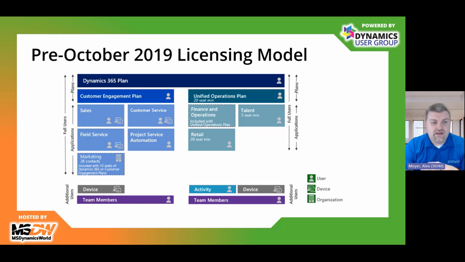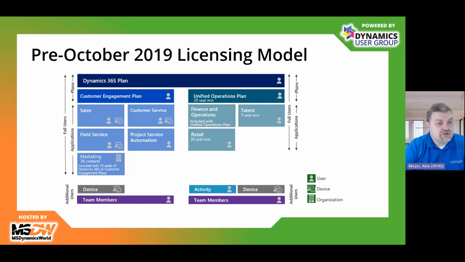You could purchase one plan and get access to both of those. And you could also just buy a customer engagement plan or a unified ops plan, if you just wanted access to either the CRM or the F&O side. Then you could still go and buy the different applications as well.